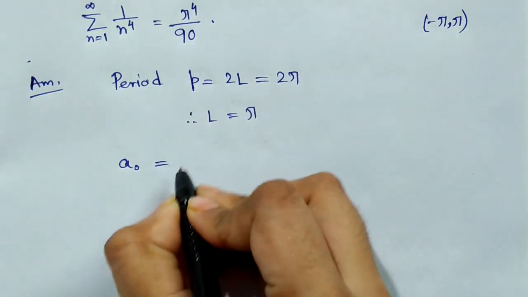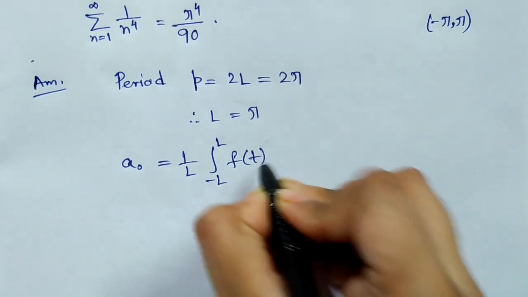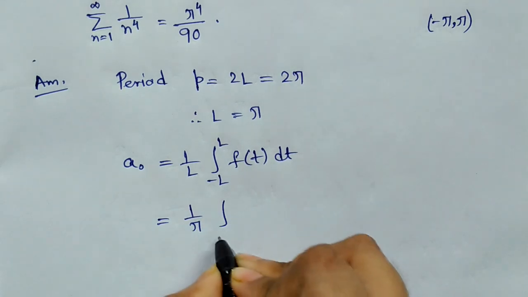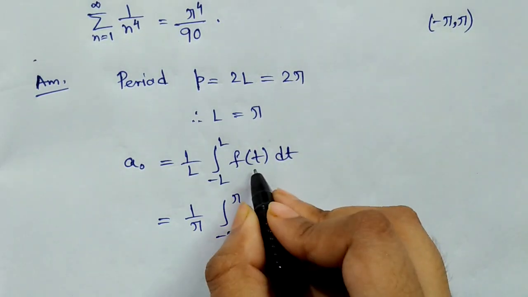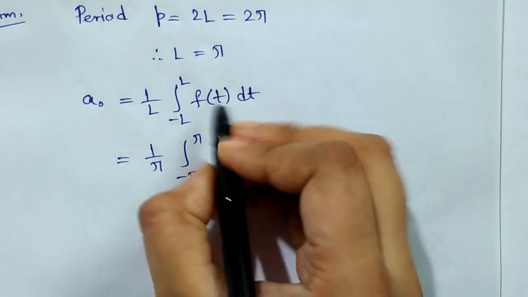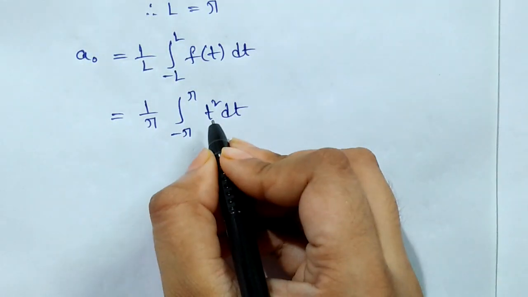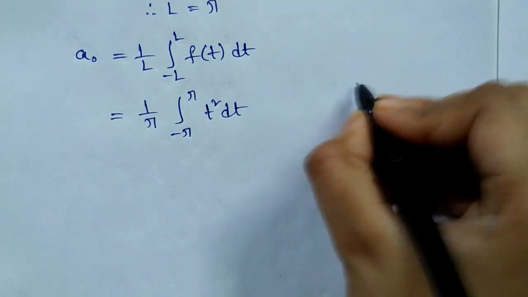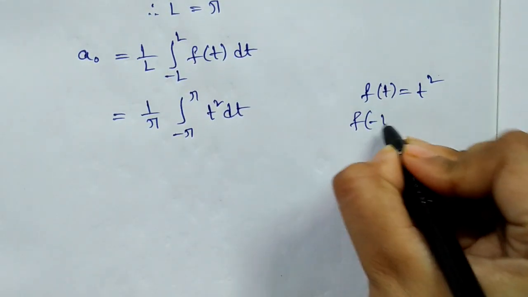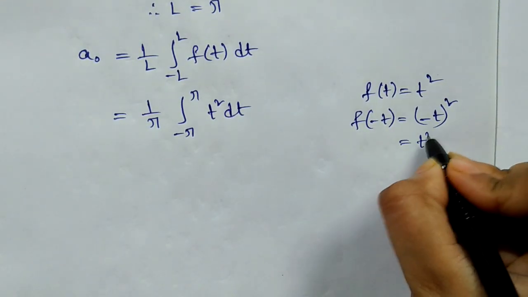So a0 equal to 1 by L integration minus L to L f(t) dt. Now this is equal to 1 by pi integration minus pi to pi; this is the function f(x) equal to x square, so f(t) is t square dt. Now since t square is an even function, why even? Because f(t) means t square, so f of minus t equal to minus t whole square, that is equal to t square.